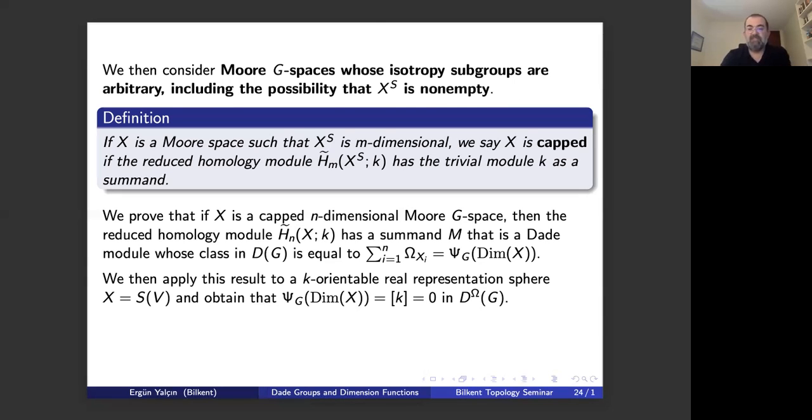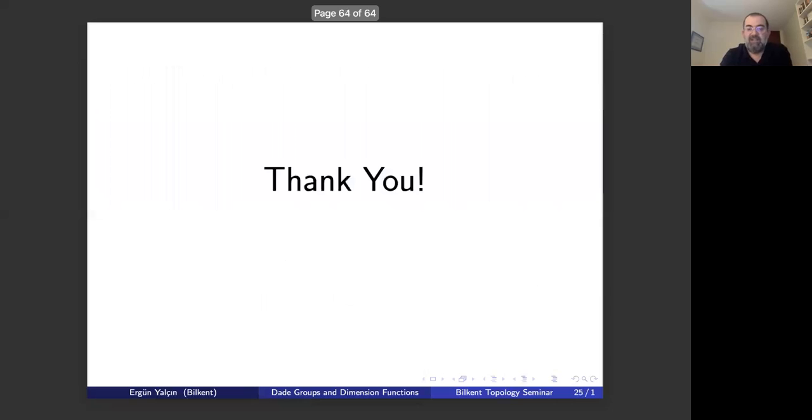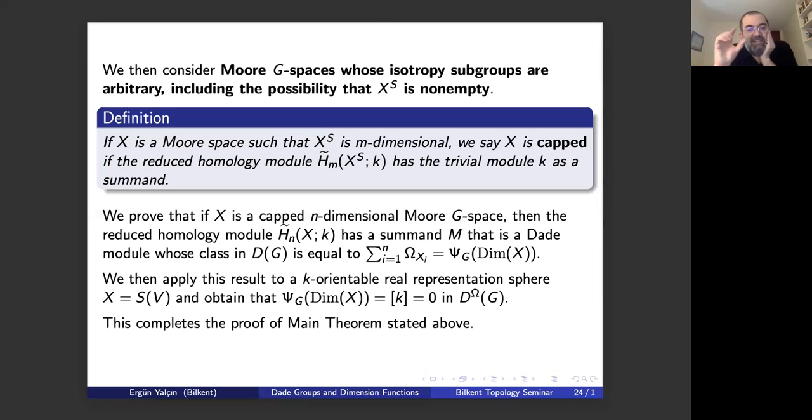So this is actually the end of it, but just before, to summarize in one sentence. There were things proved for p-groups. We generalized the definition of the Dade group to finite groups first. Then we tried to prove things for finite groups. Some things worked, some things didn't.